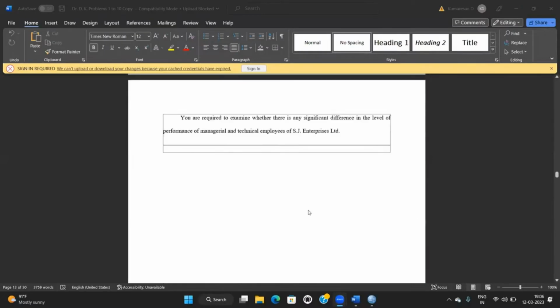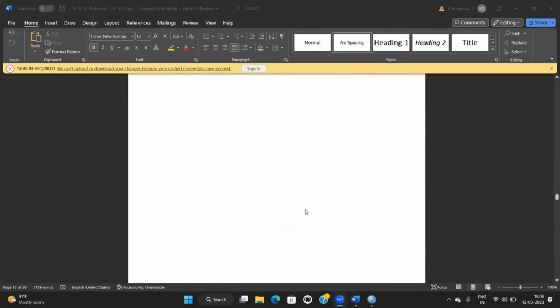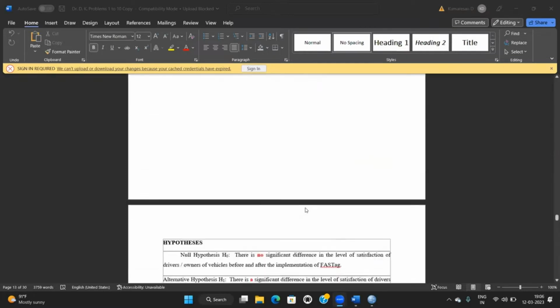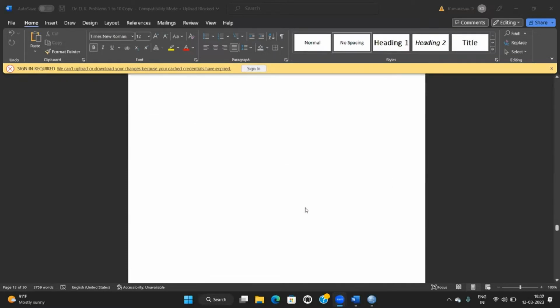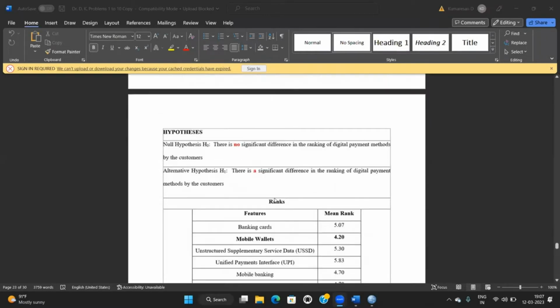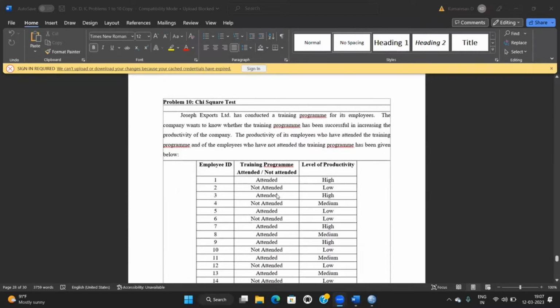Number 2, Kruskal-Wallis test. Number 3, Wilcoxon test. Number 4, Friedman test. And the last one we are going to discuss today is the chi-square test.